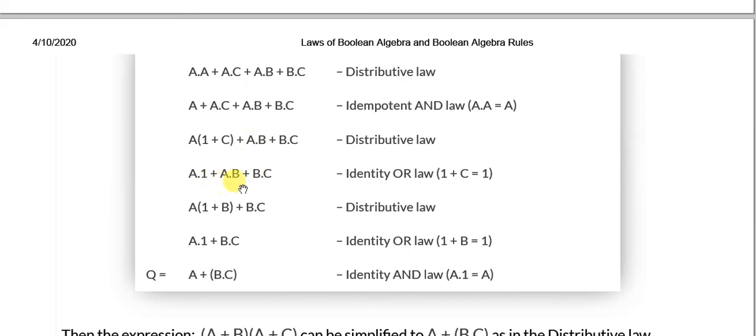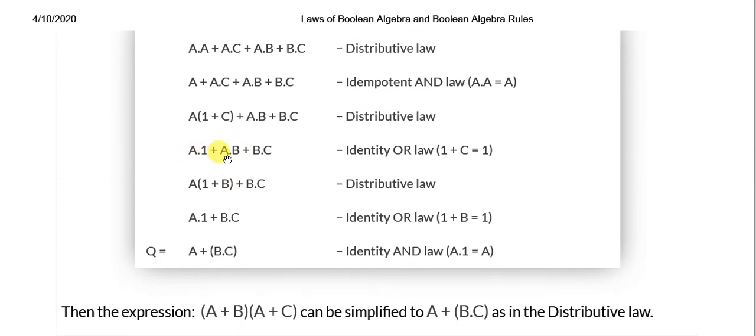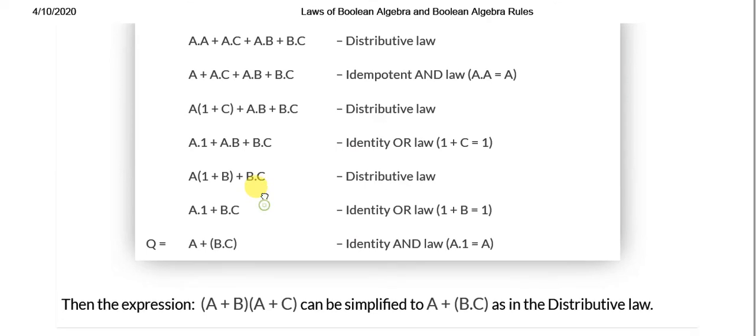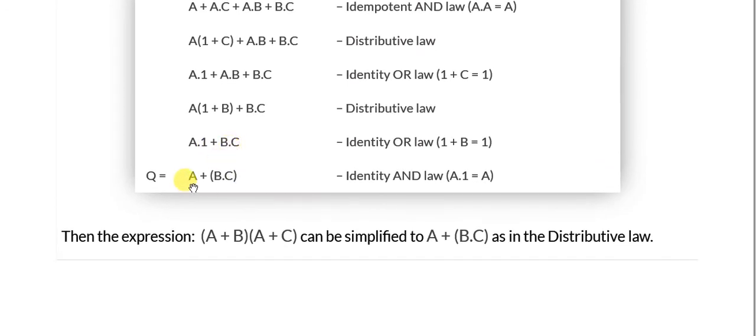So we are left with A dot B, B dot C. Further, we can take A common from here. So 1 plus B, again we have applied the distributive law, and 1 plus B is equal to 1, again A dot B. Finally what we got is A plus B dot C. You can see that this huge lengthy expression is reduced to such a simple expression.